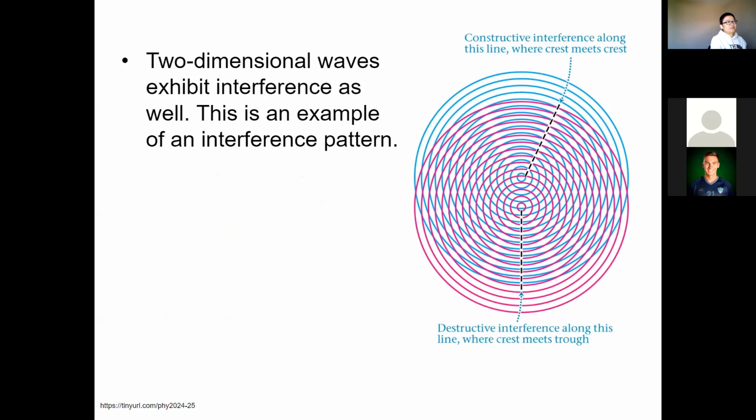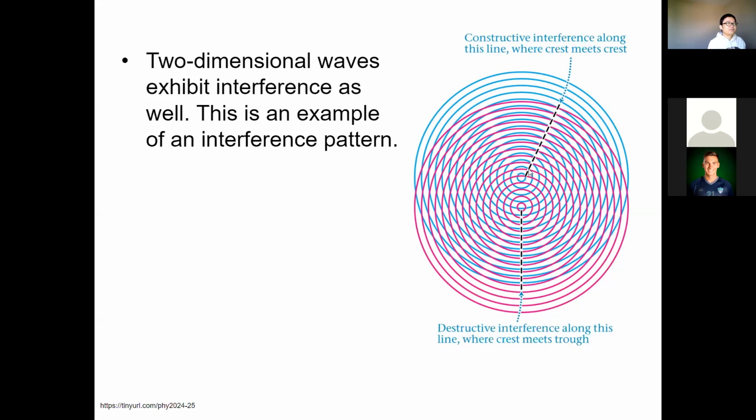Now, what we have been looking at are purely one-dimensional waves. For two-dimensional waves, the same thing happens. You just describe the wave differently, in two dimensions. If two two-dimensional waves meet at different locations, there should also be interference.